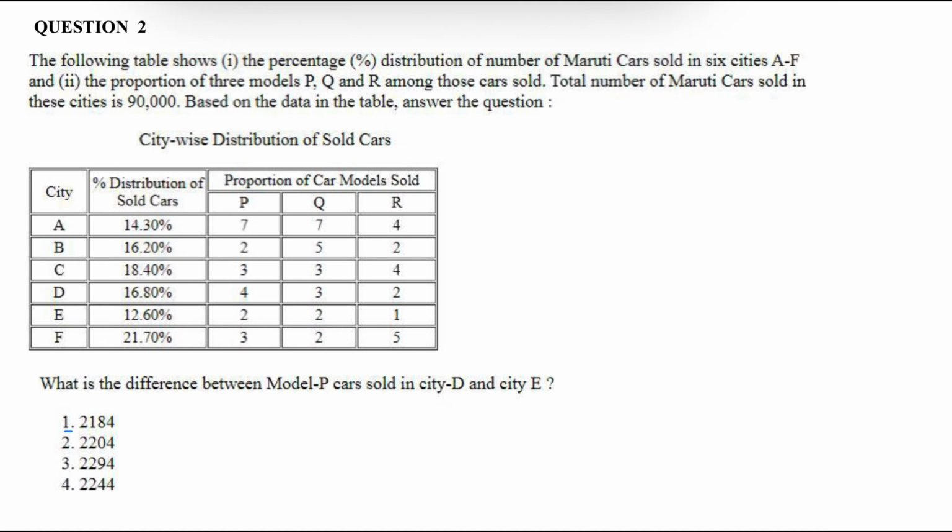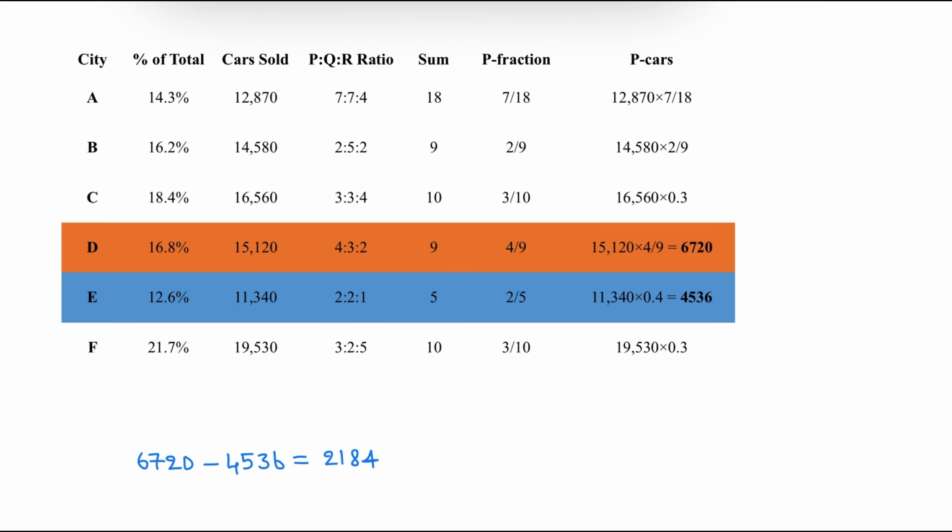Second question. What is the difference between model P cars sold in city D and city E?